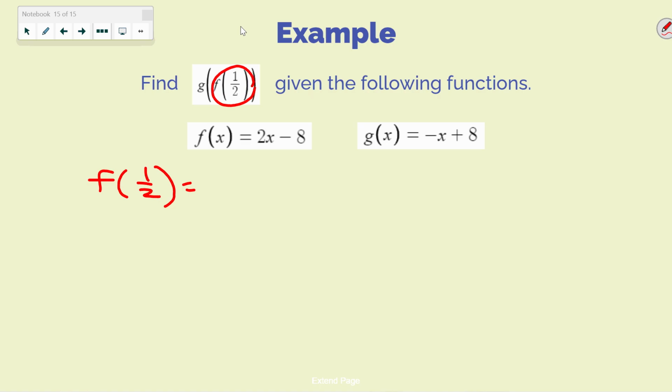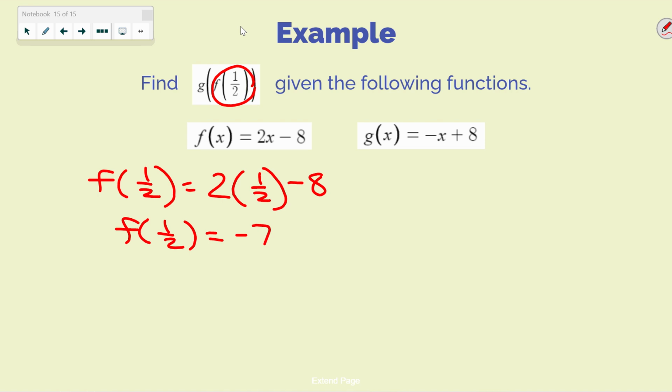How do I find f of 1/2? Substitute it for x into the f function. So I have 2, remember parentheses, 1/2 minus 8. It's 2x. So f of 1/2 would be 1 minus 8, which is negative 7.